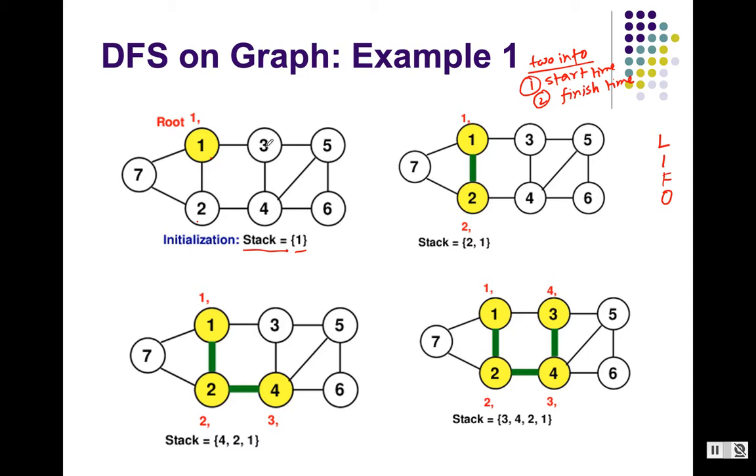So let's see, from 1 we are visiting node 2. Node 1 has 7, 2 and 3 as neighbors, and we're visiting node 2. So with 1 on the stack, we are going to push node 2.